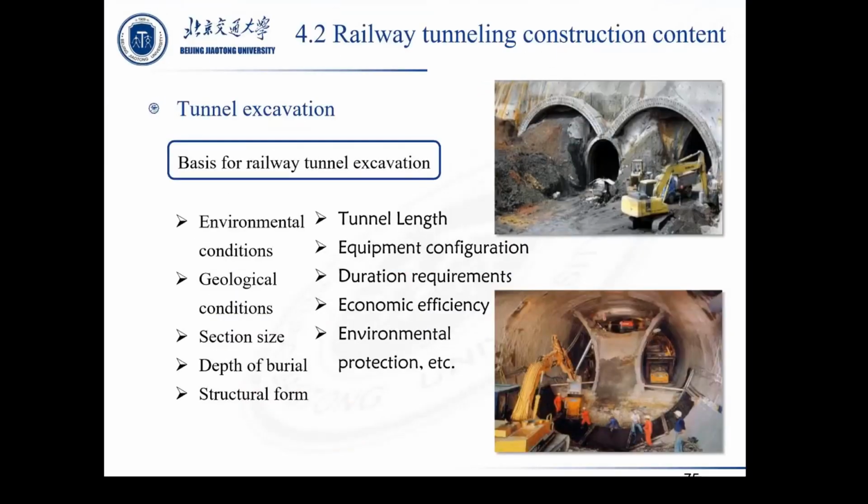Meanwhile, real internal excavation should be based on environmental conditions, their geological condition, section size, depth of barriers, structure form, tunnel length, equipment, duration, equipment, economic effects, and environmental protect to select a comprehensive tunnel construction method.